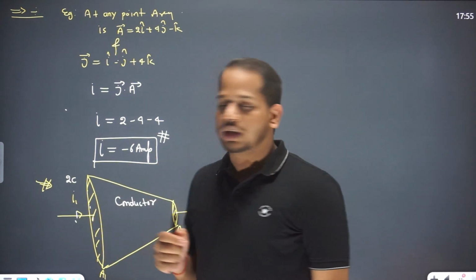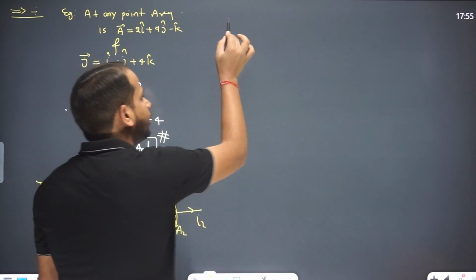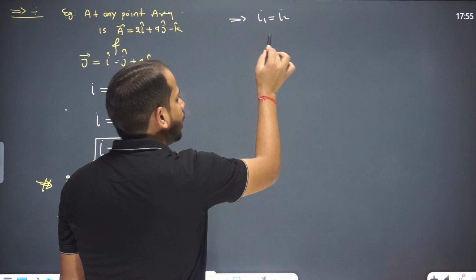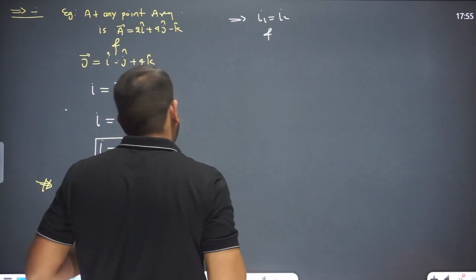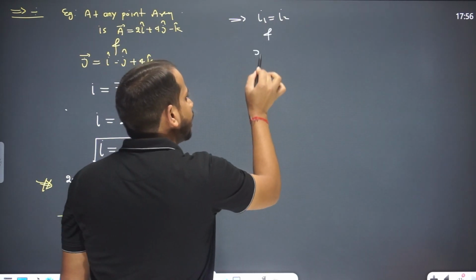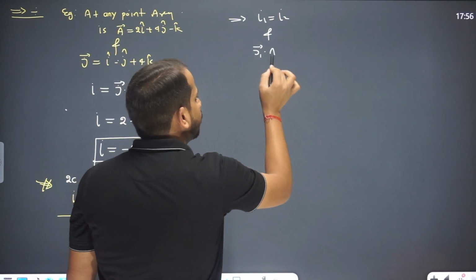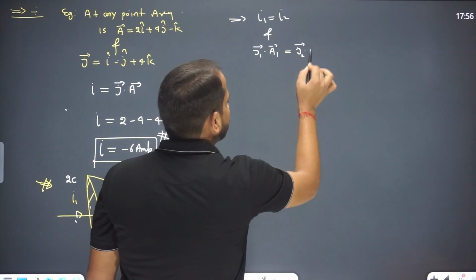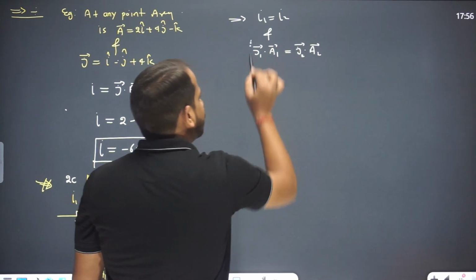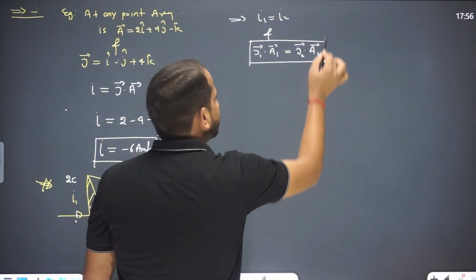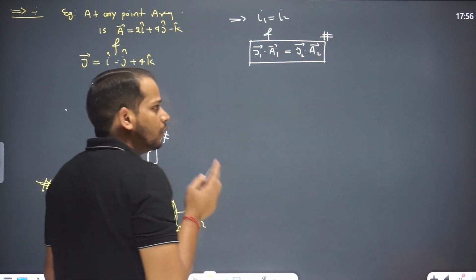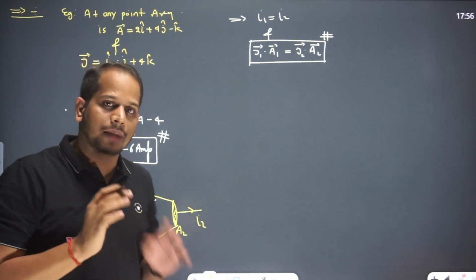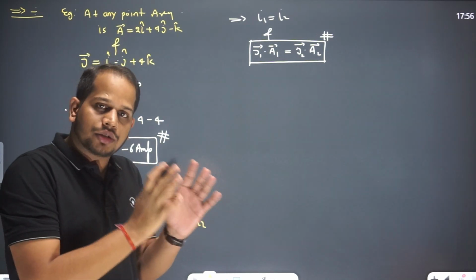So what we can say at this moment is I1 is equal to I2. And what can we say about J1? I1 is J1 dot A1, which is equal to J2 dot A2. Does it look familiar to us? Where have we learned such things? We learned it in fluid mechanics in class 11th. A1 V1 is equal to A2 V2.